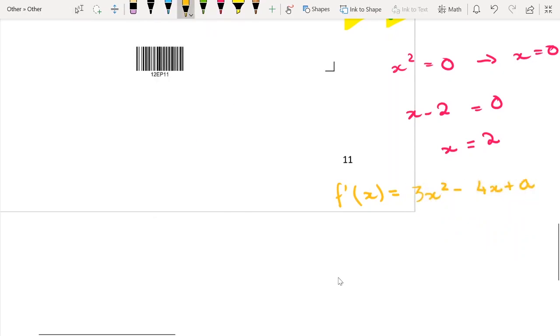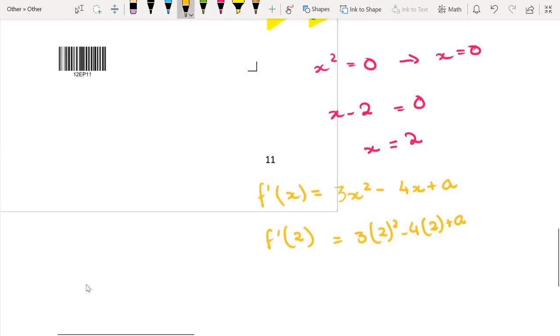Then we can simply input x equals 2, so f prime of 2 equals 3 times 2 squared minus 4 times 2 plus a. And make sure to set this equal to 0 because we want to find the turning point. So then that equals 12 minus 8 plus a equals 0. And with some rearranging, we can get a is equal to minus 4.